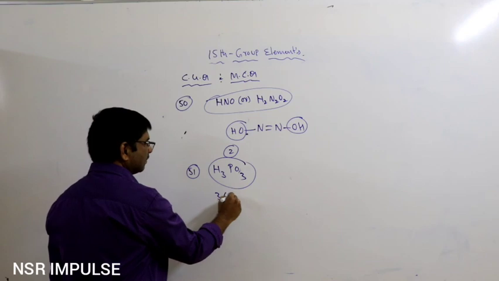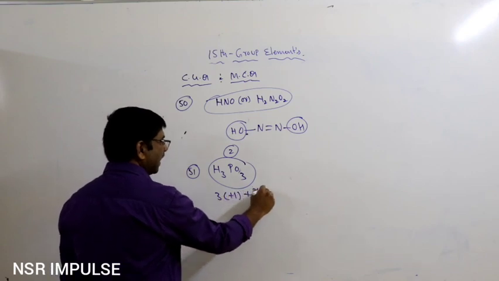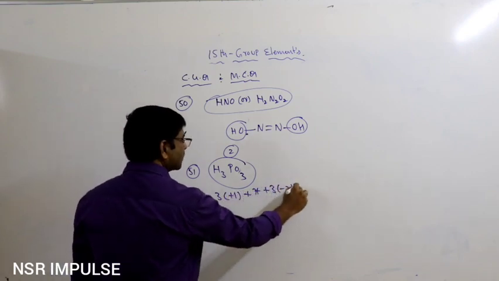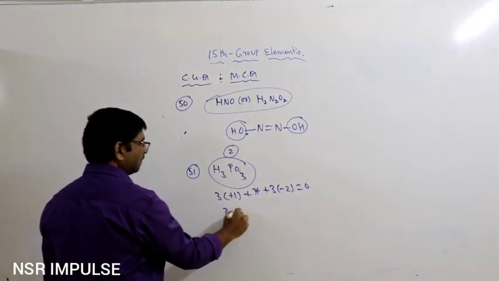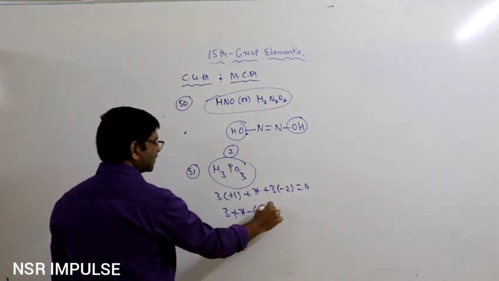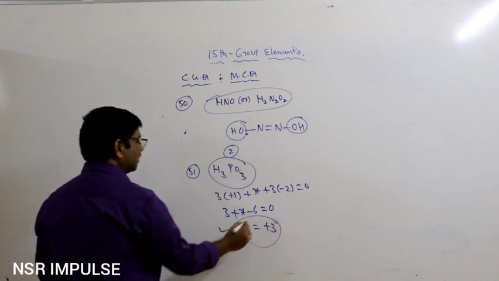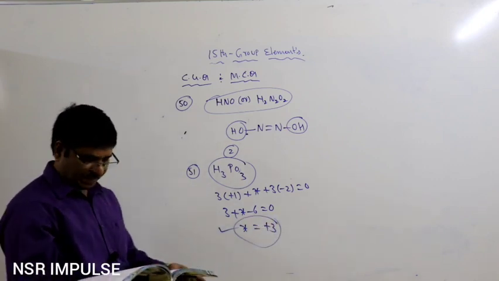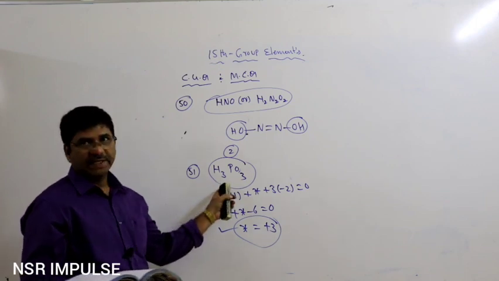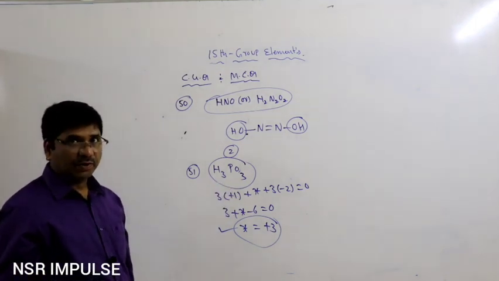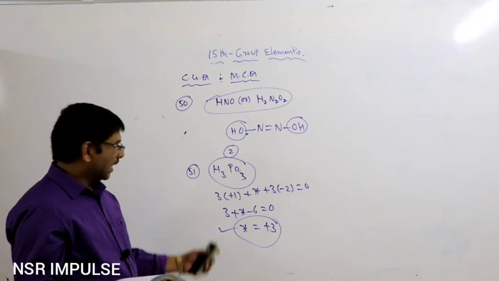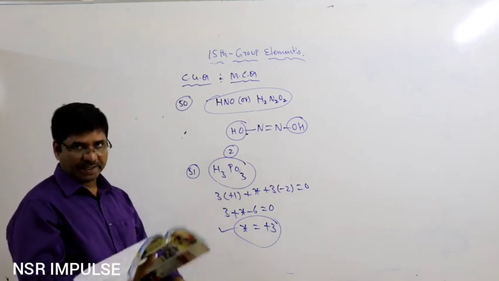Hydrogen 3 into plus 1, phosphorus X, 3 into minus 2 is equal to 0. 3 plus X minus 6 is equal to 0. X is equal to plus 3. So, plus 3 oxidation number is possible. Its name is orthophosphorus acid, or simply called phosphorus acid.